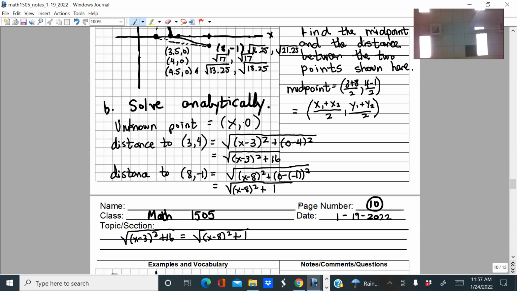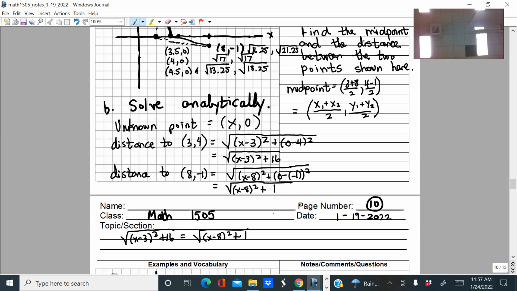I had to use a variable for my unknown, correct? Because I didn't know completely the coordinates of this point. So I picked the variable x to represent the x coordinate. And then I encoded some of the information that I knew here, the distance from this variable point to my two given points. And then I remembered, oh yeah, those two distances have to be the same.